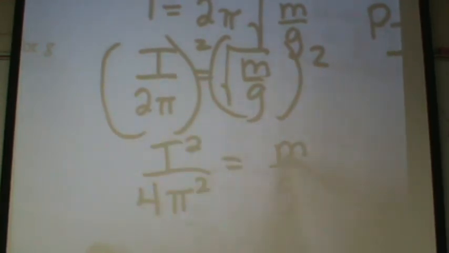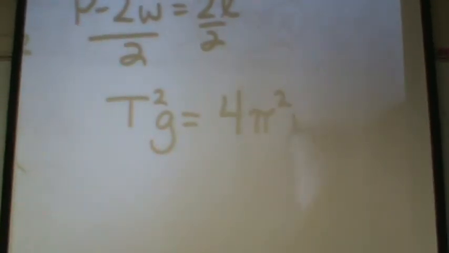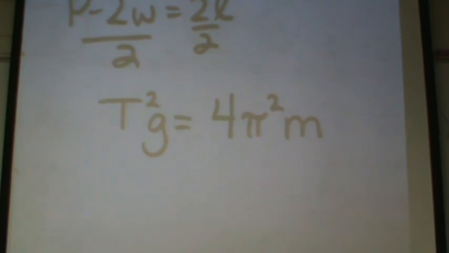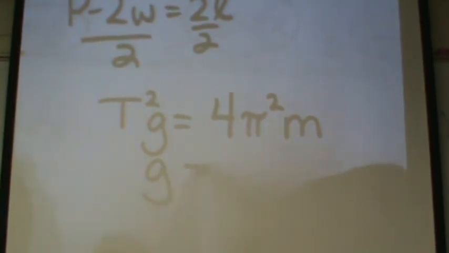So if you multiply these two, you get T squared G equals 4 pi squared m. Now how do I isolate G? Divide both sides by? Remember this?